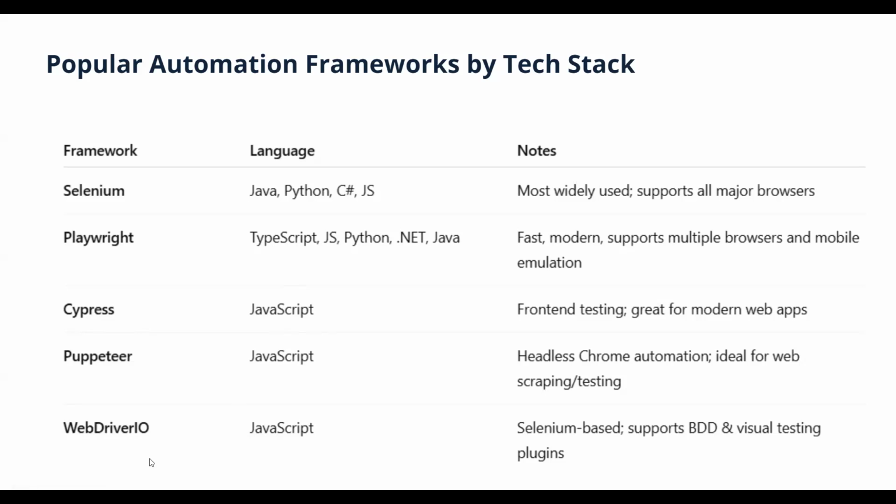WebdriverIO is JavaScript. But I think Selenium is one of the most popular ones, but Playwright is becoming very popular these days with this AI. I think that's how its popularity started. Okay. So these are some popular frameworks, tool stacks and technology stacks.